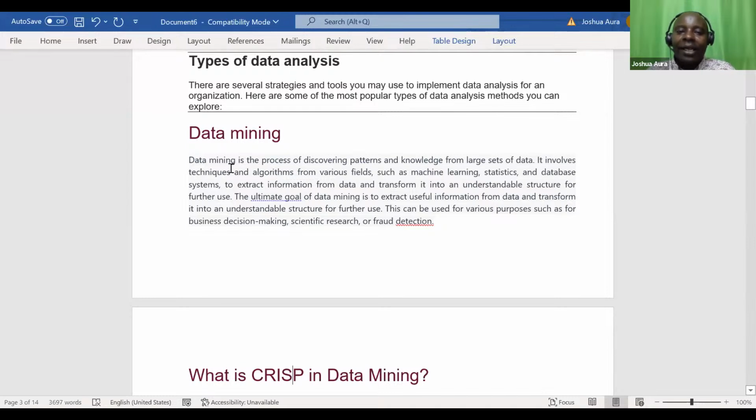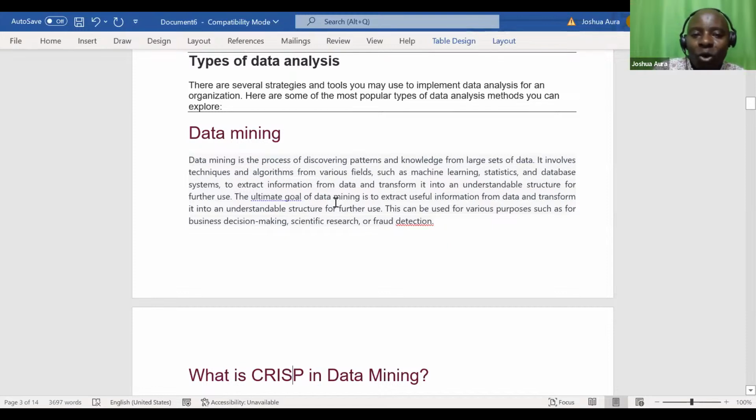Data mining is the process of discovering patterns and knowledge from large sets of data. It involves techniques and algorithms from various fields, such as machine learning, statistics, and database systems to extract information from data and transform it into an understandable structure for further use.